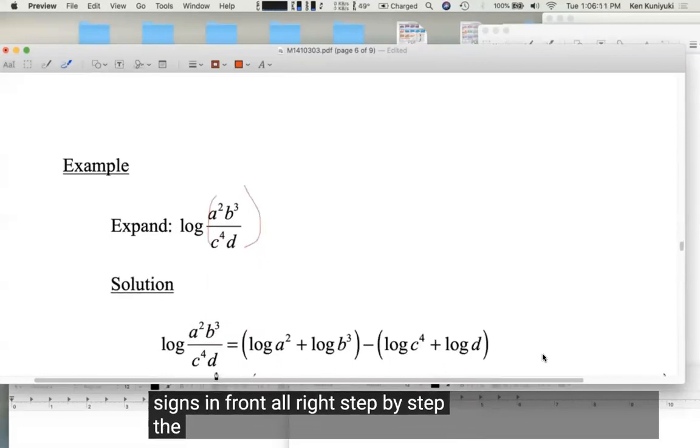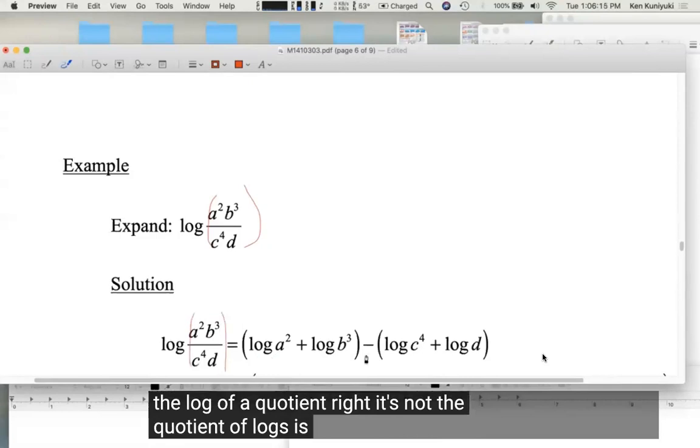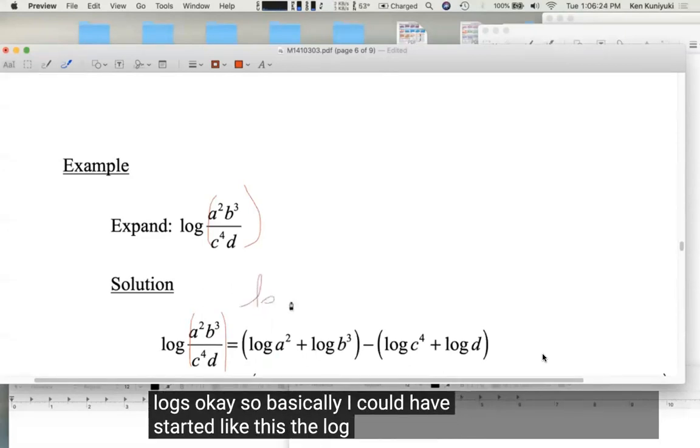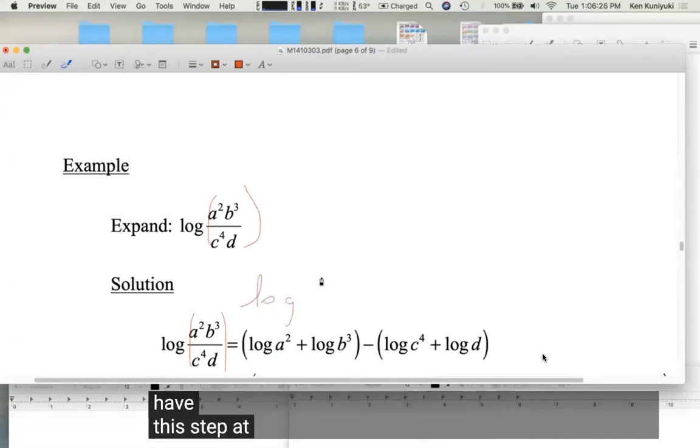Step by step, the log of a quotient is not the quotient of logs, it's the difference of logs. Basically, I could have started like this. Maybe I should have put this step first.